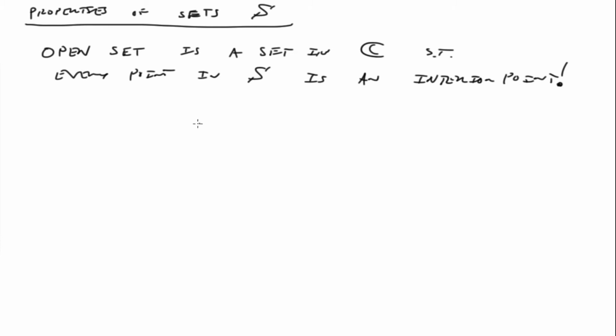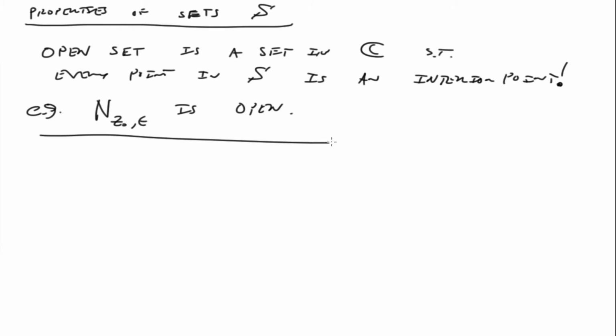Okay, so what do we mean by this? So one example here is that of the neighborhood. So a neighborhood z naught comma epsilon is open. Okay. So why is that true?